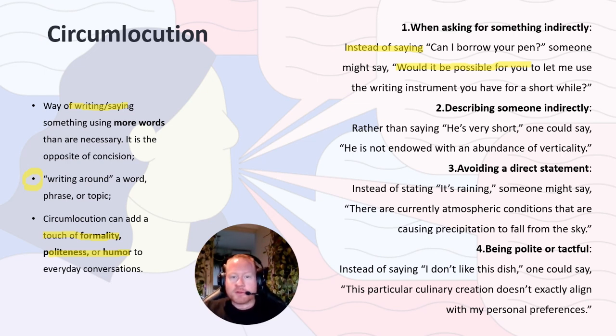Instead of saying he's very short, he's not endowed with an abundance of verticality. So if you want to be polite, this is a good example. Avoiding a direct statement. Instead of saying "it's raining," someone might say, "There are currently atmospheric conditions that are causing precipitation to fall from the sky."